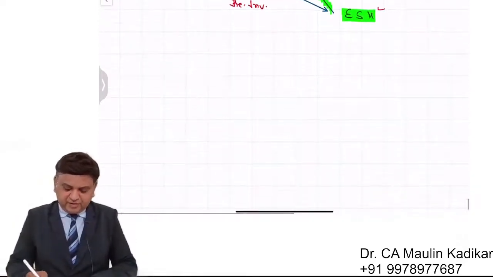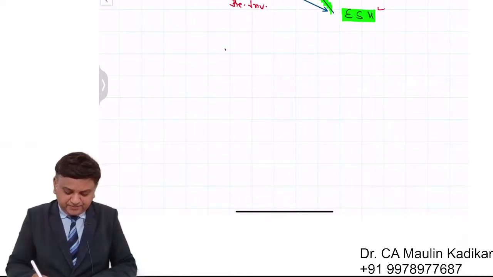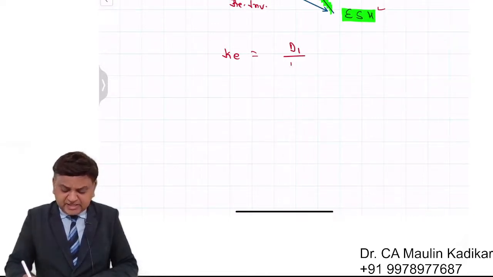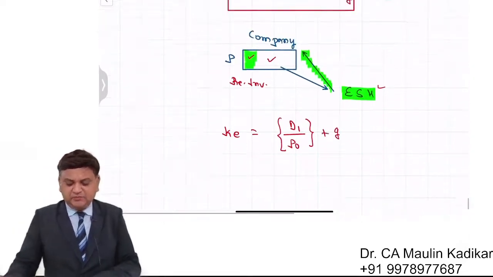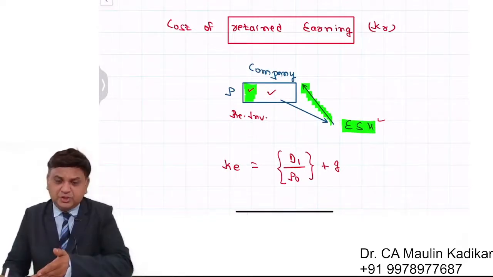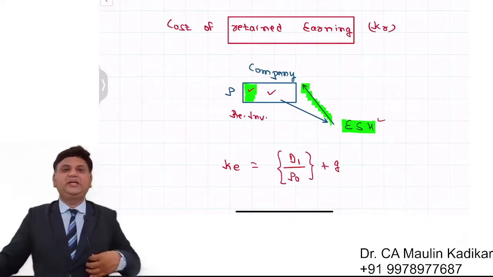So whatever the formula that we have for calculation of the cost of existing shares, exactly the same formula is applicable for cost of retained earning. Once again, we do not have to consider the flotation cost because the company does not have to incur any flotation cost for the purpose of getting retained earning.